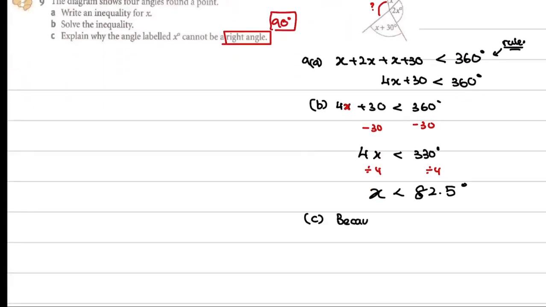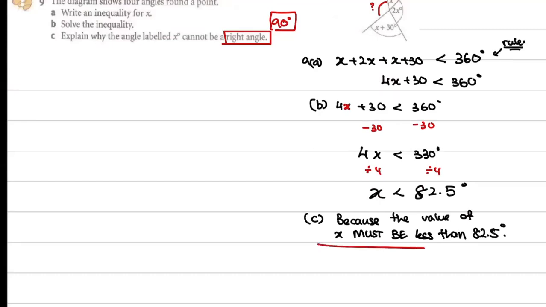The value of x must be less than 82.5 degrees. Okay, and that would be all for 13.6.